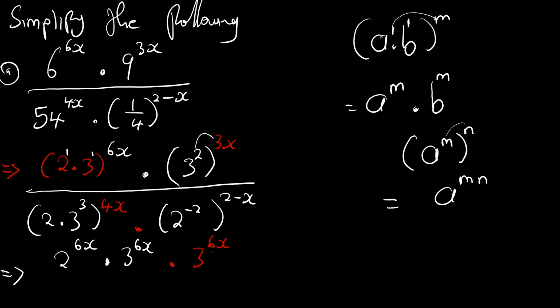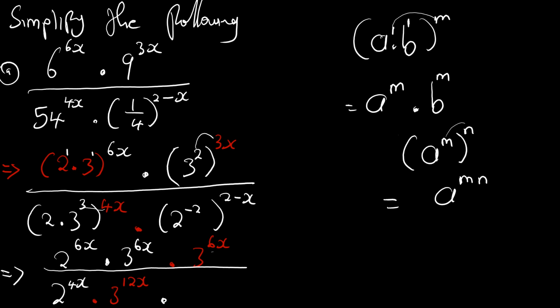And now let's focus on our denominator. We're going to have 2 to the exponent of 4x multiplied by 3 to the exponent of 12x, because 3 multiplied by 4x, I said we're going to multiply the exponent. 3 multiplied by 4x is going to give us 12x.